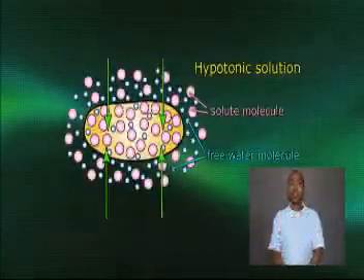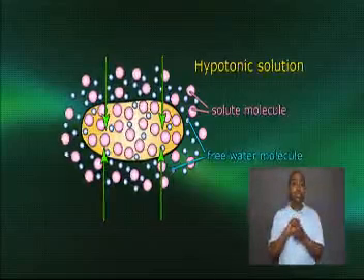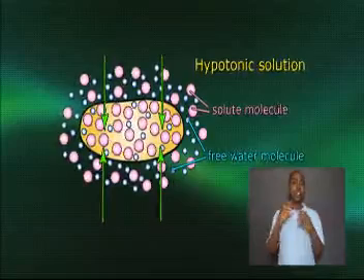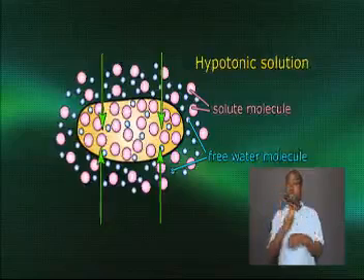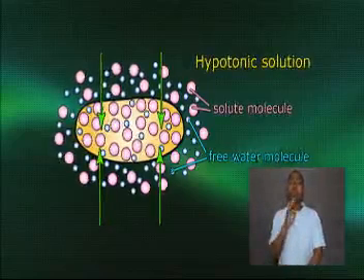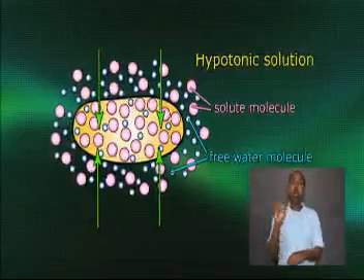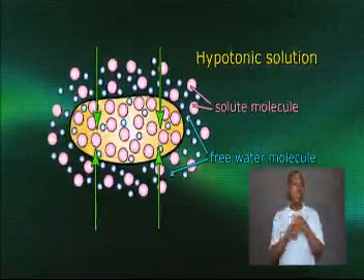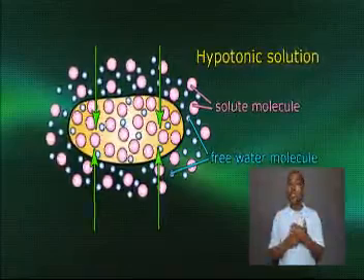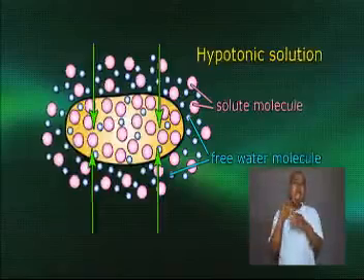In hypotonic solutions, the greater concentration of the solution is on the inside of the cell rather than the outside. The water potential is low and osmotic potential is high inside the cell. There is overall movement of water into the cell from the solution across the semi-permeable membrane.